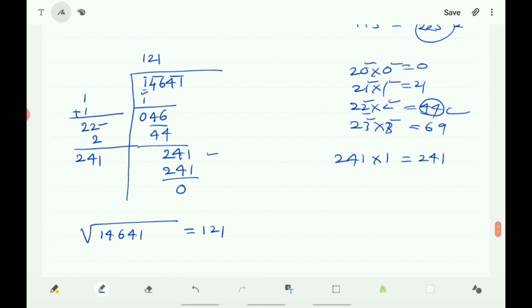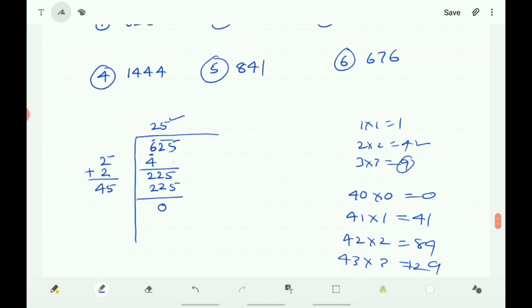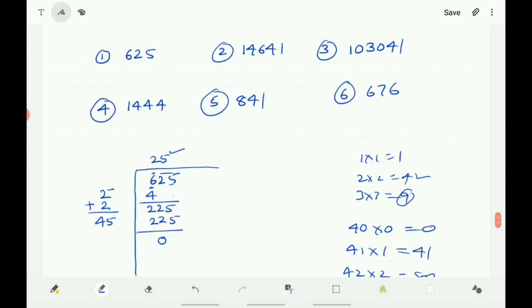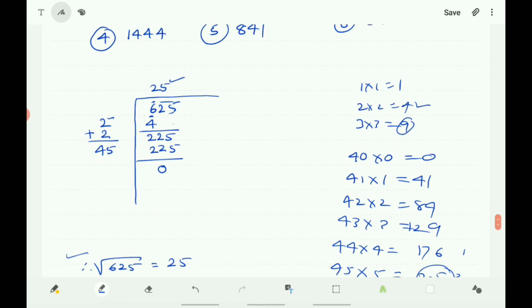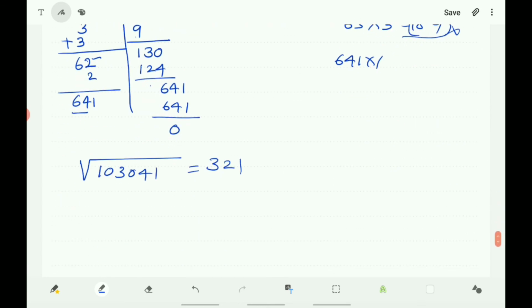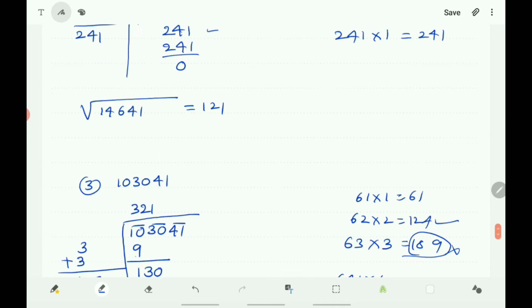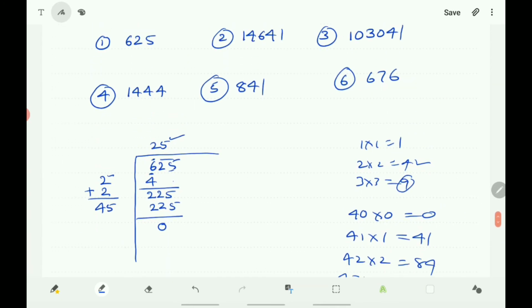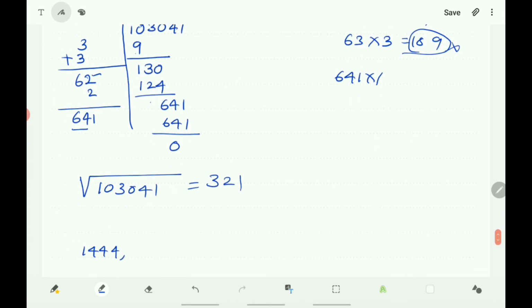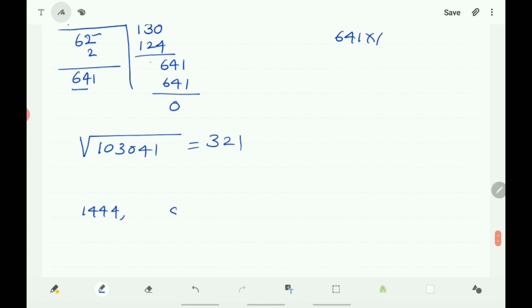So here three numbers are remaining: 1,444, 841, 676. You find the square root of these. Find the square root of 1,444, and the next one is 841, the next one is 676.